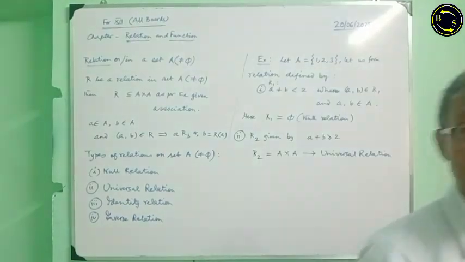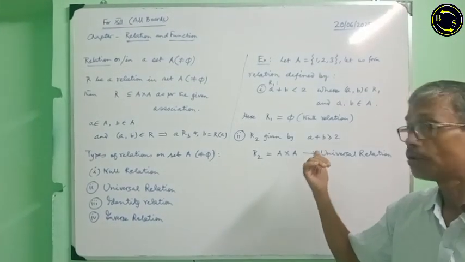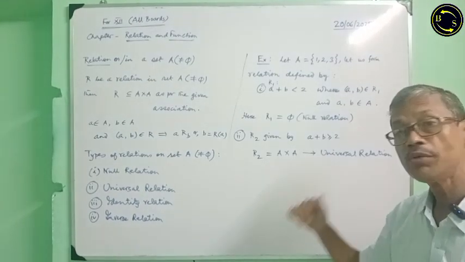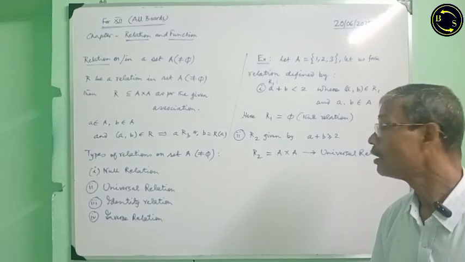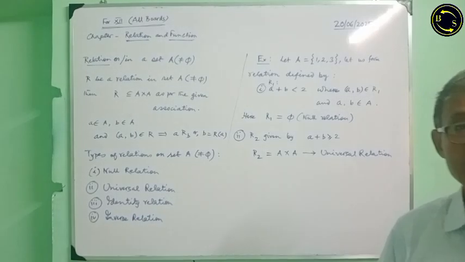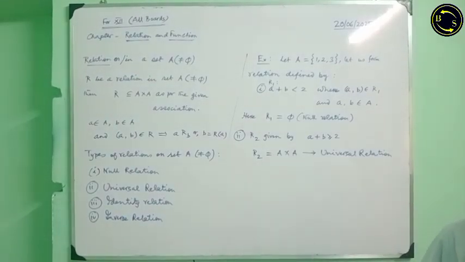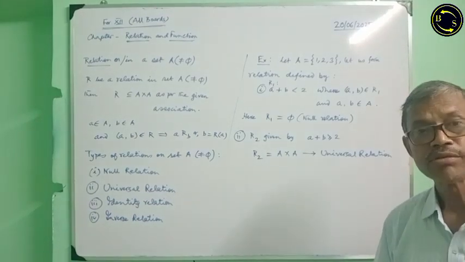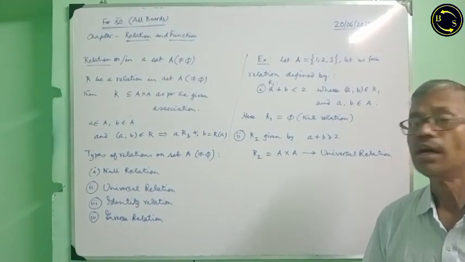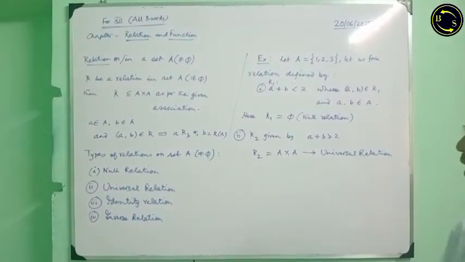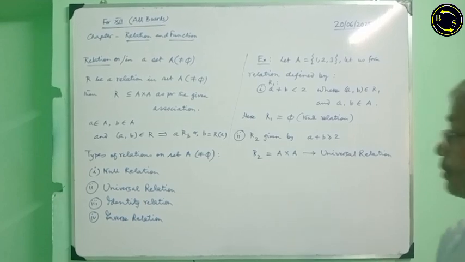Now, these two relations, the null relation and the universal relation, are called extreme relations. Also, these are quite trivial, that is why these two relations are called trivial relations. Next, identity relation.